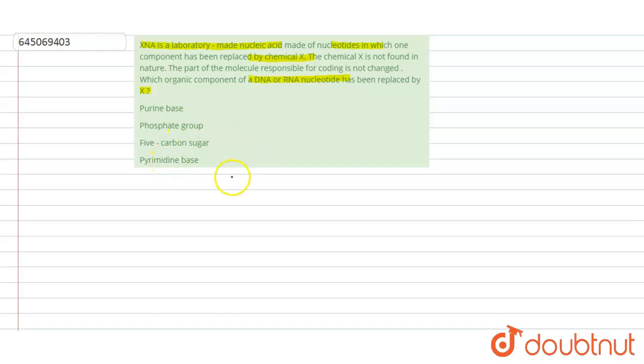So if we see XNA, it is a synthetic nucleic acid analogue. Its full form is xenonucleic acid. Xeno means strange nucleic acid. Xenonucleic acid, alien nucleic acid, strange nucleic acid, it can be termed in any way.